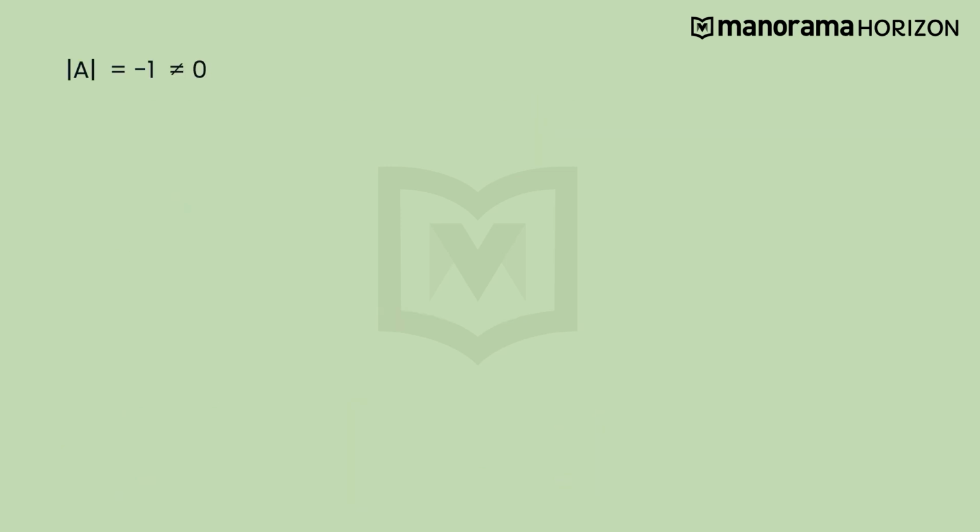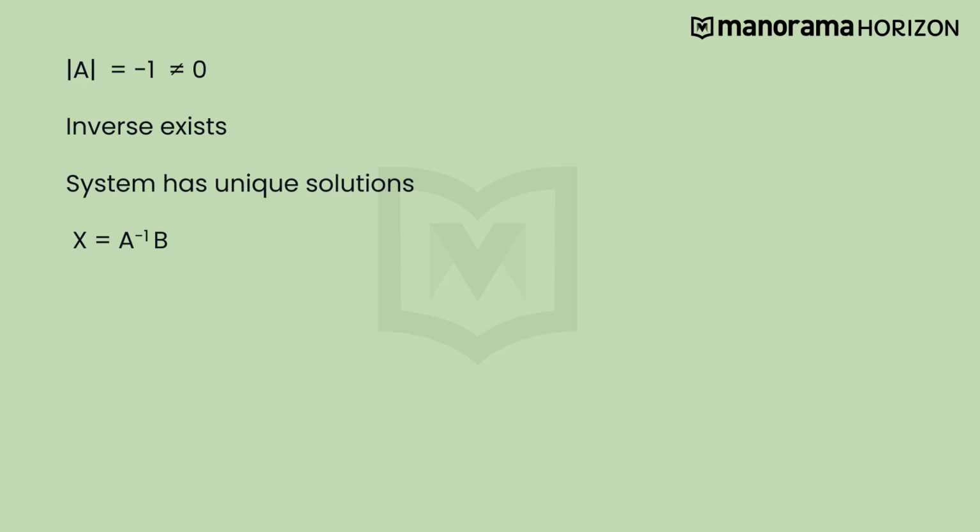Now first find the determinant. Determinant of A is equal to -1, which is not equal to 0. Therefore, inverse exists and the system has a unique solution, right? Which is given by X is equal to A inverse into B. Now find A inverse.